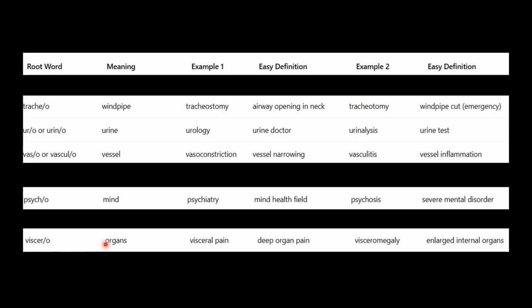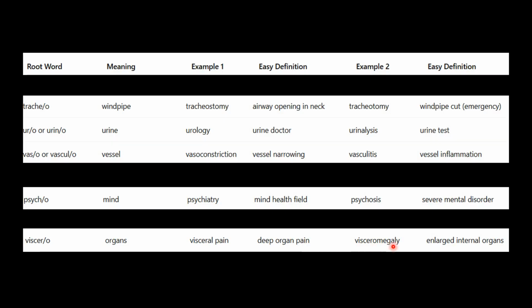or viscero, which denotes the organs. So you can see here, visceral pain means deep organ pain. So if a patient is suffering from a deep organ pain, then that thing is denoted with the visceral pain, where the root word is viscer or viscero.